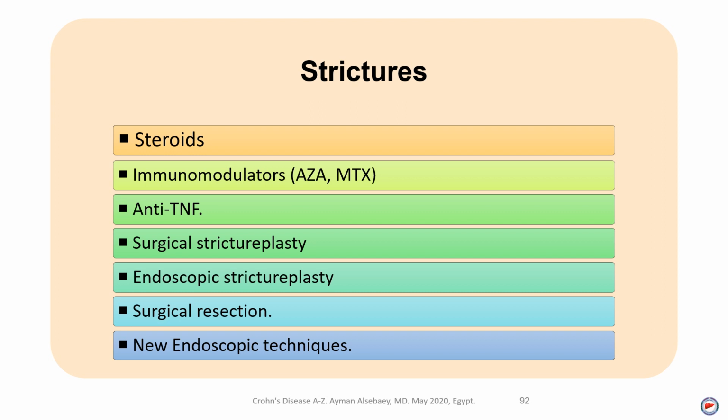We will come now to another issue. What about the treatment of strictures? Stricture can be treated with steroids, immunomodulators, anti-TNF, surgical strictureplasty, endoscopic strictureplasty, surgical resection for the stricture, and new endoscopic techniques.